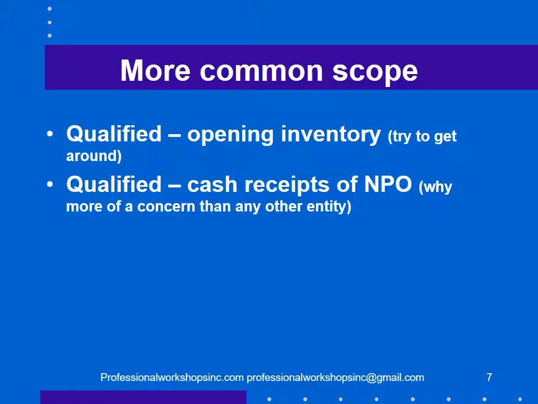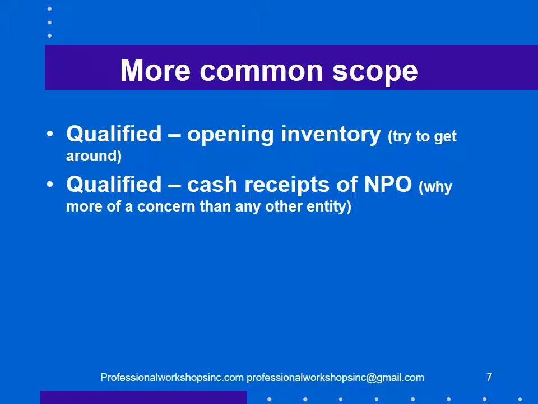We're going to roll it back to December so that we will be able to give an unmodified opinion on this year because we've checked out opening inventory. And we're also going to have to check all the other opening balances. We have to check cash, we have to check receivables, payables, fixed assets, all that stuff. That's normally possible to do. Normally the only thing you can't do is go back and observe inventory.